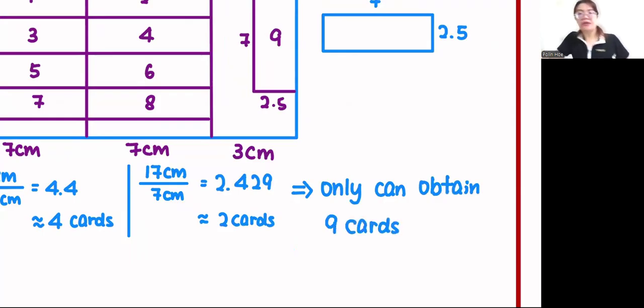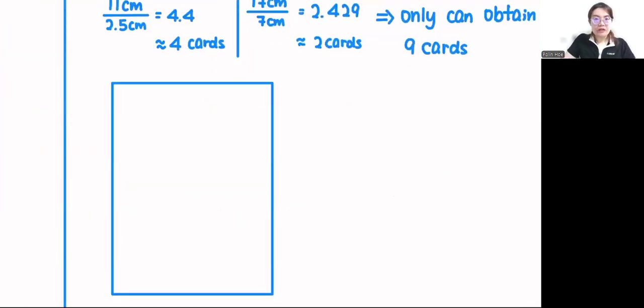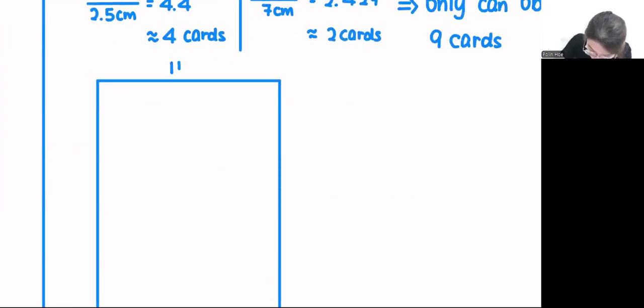So now I change another method. Instead of making it landscape, let's make it portrait. Okay, make it straight, and try and see whether I can get more cuts, whether I can get 10 cuts or not. If I draw like this, I change 11 and 17.